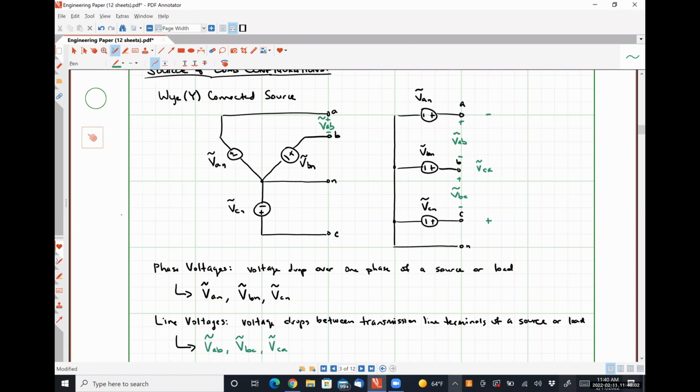Now, some textbooks and engineers call phase voltages line to neutral voltages because they're measured between the line and neutral. Some engineers call line voltages line to line voltages. I am going to use the nomenclature of phase voltages and line voltages, okay?